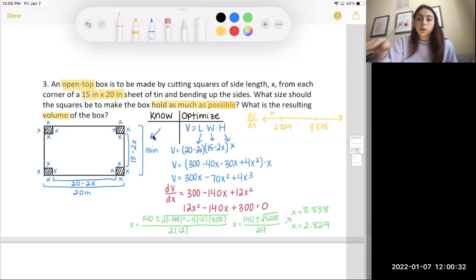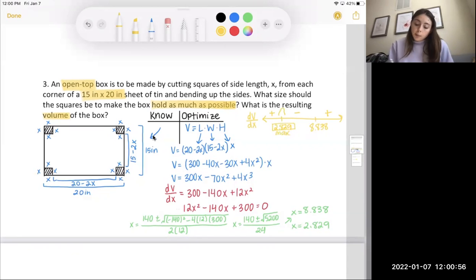But I'll tell you what I got. So when I plugged in 3, I got negative, and then I plugged in 9 into the derivative and I got something positive. So that gives me my sign chart. And I know that the maximum happens when the derivative switches from positive to negative. It'll look like this.